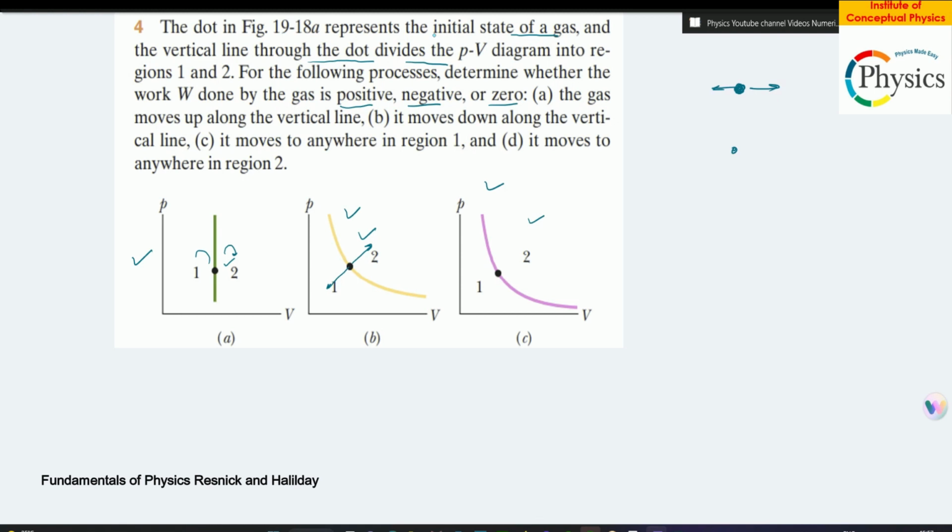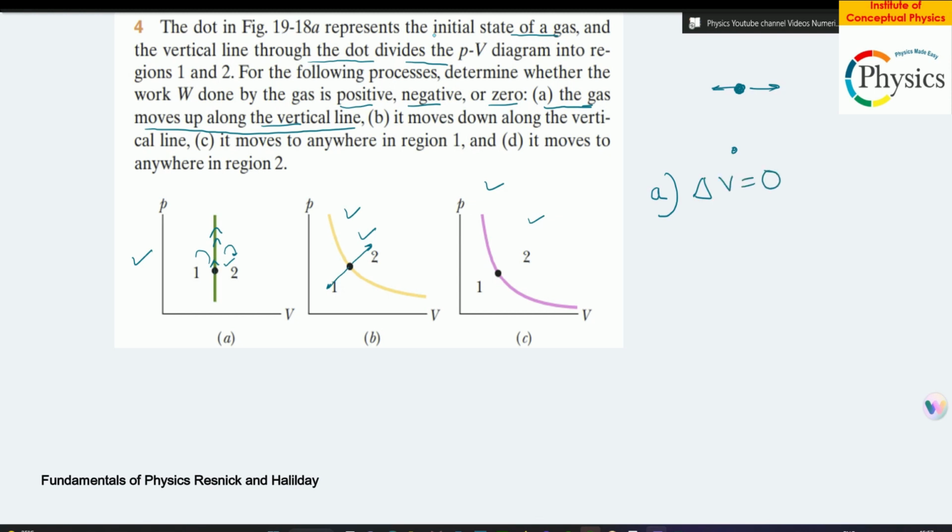All right, so let's say first case is the gas moves up along the vertical line. So this is a vertical line. The gas is moving up the vertical line, right? So the PV indicator diagram is this. So if you look into this situation, A, right? So we're talking about A, which means the gas is moving along the vertical line. If you move along the vertical line, your volume change is zero, right?